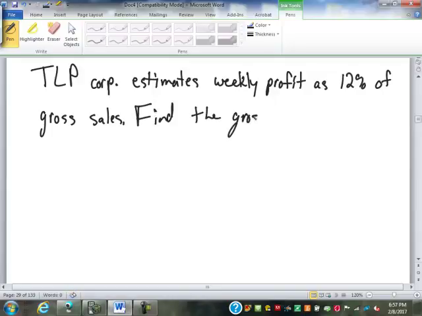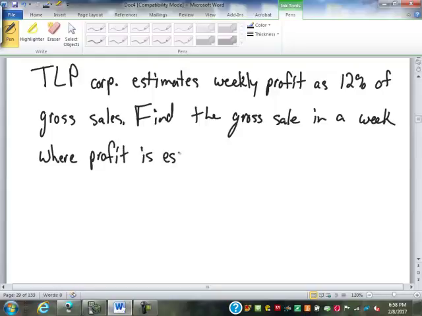Find the gross sales in a week where profit is estimated at $495,960.